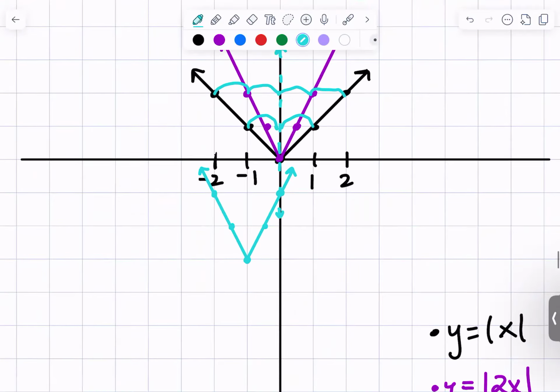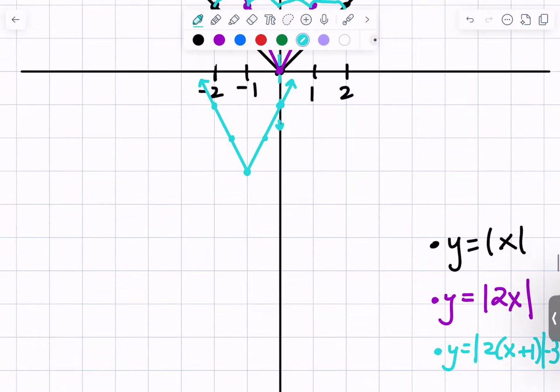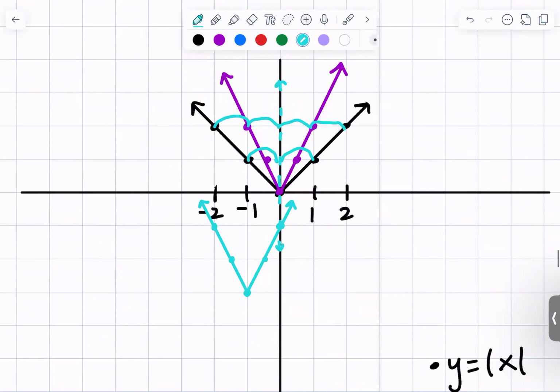Cool. And that is y equals absolute value of 2 times (x plus 1) minus 3 on the outside. Okay? Questions? What are your questions?